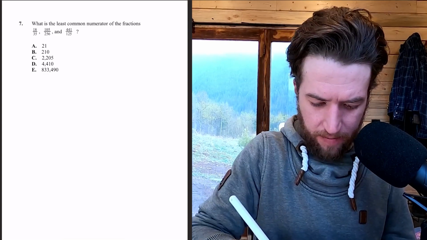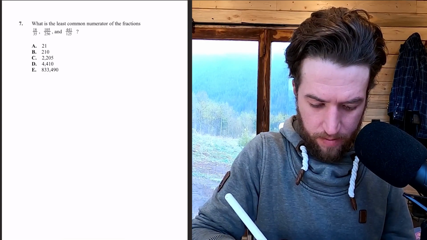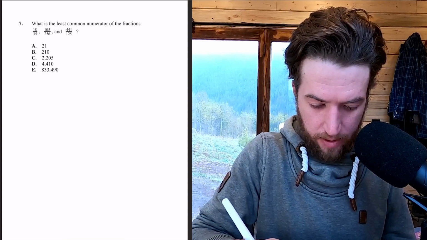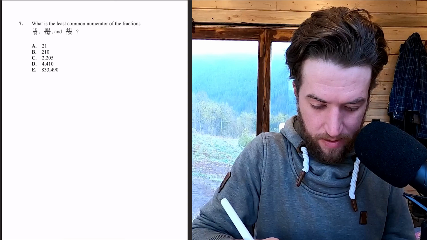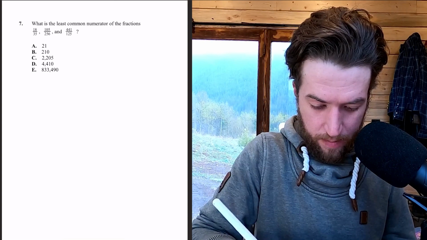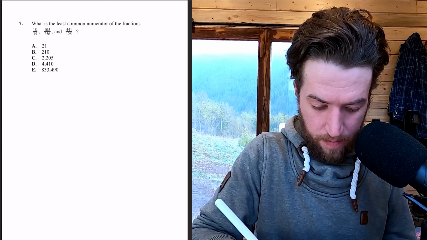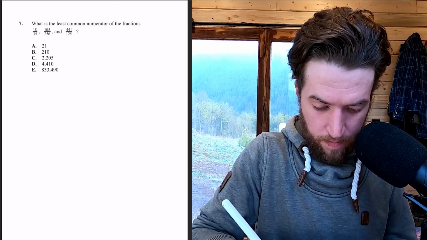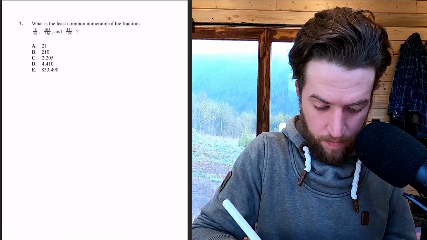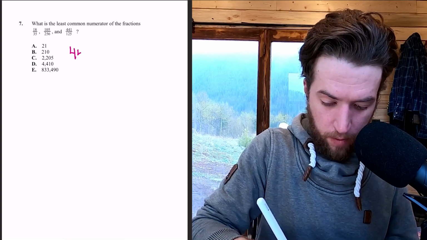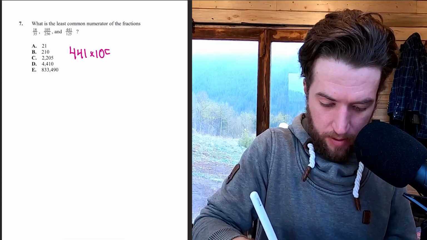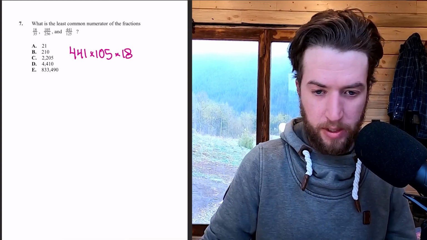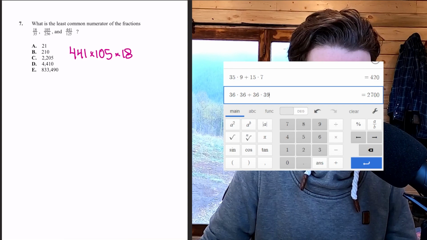Is 18 a factor of... not least common denominator? 441 times, I mean, to find the least common denominator, this would at least be the first step, but for some reason, I just don't feel like this is right. This might be another one we're getting wrong here. Let's see.